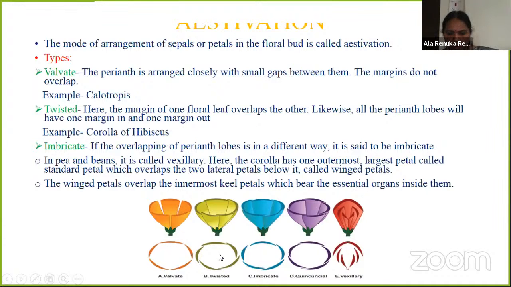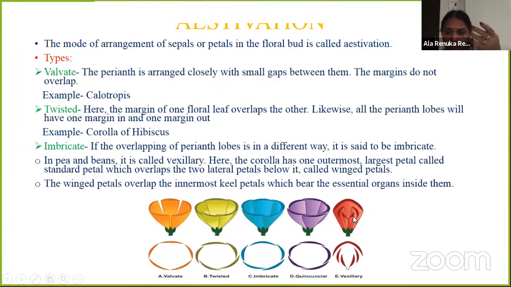And imbricate aestivation is also overlapping but in a particular fashion. If the overlapping is from outside to inside, that is, from the posterior end to the anterior end, it is described as vexillary or descendingly imbricate aestivation. This imbricate or vexillary is a characteristic feature of members of Fabaceae, Papilionaceae.